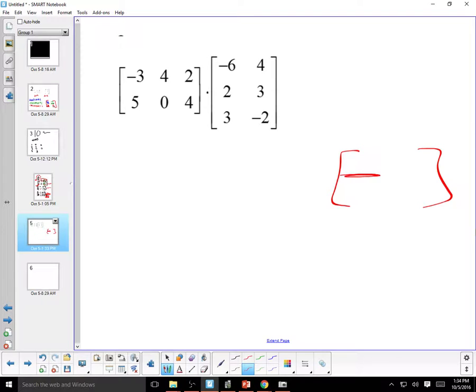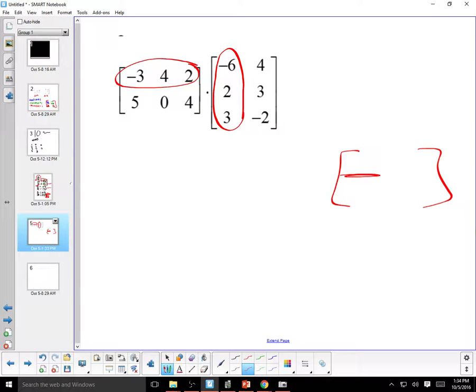I want this element, which is row 1, column 1, correct? To get that, you need to take row 1 and multiply the values by column 1. And it's going to go like this: this times this, plus this times this, plus this times this.